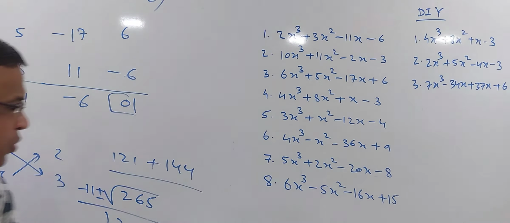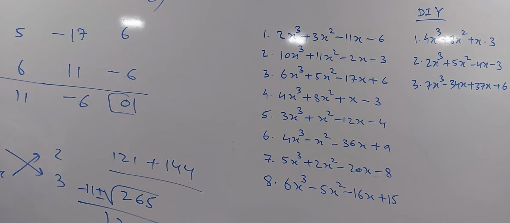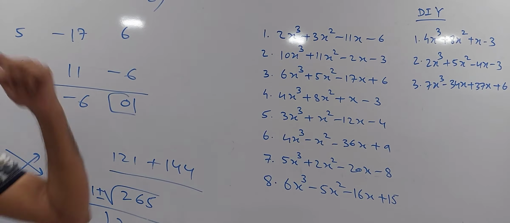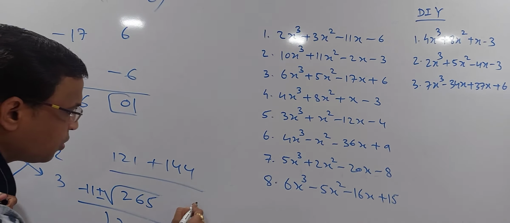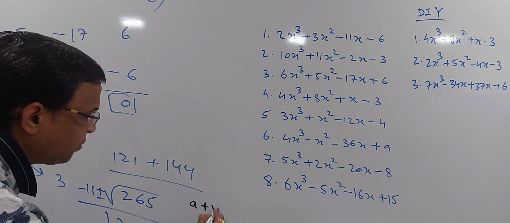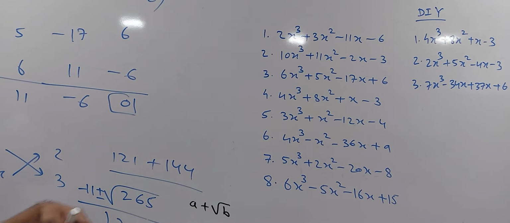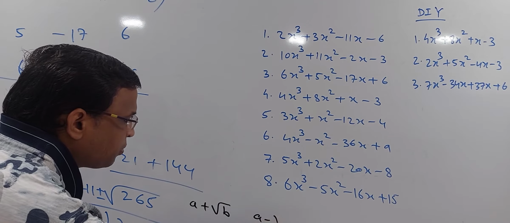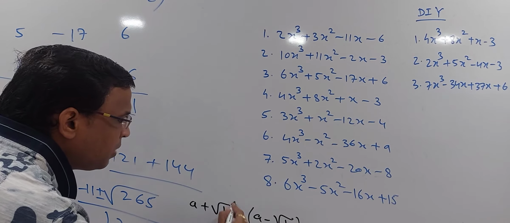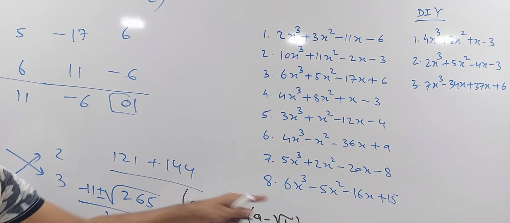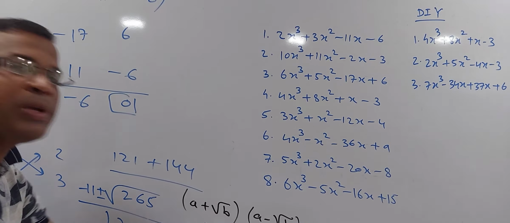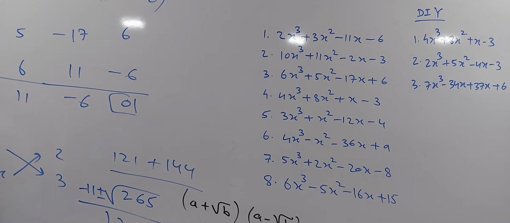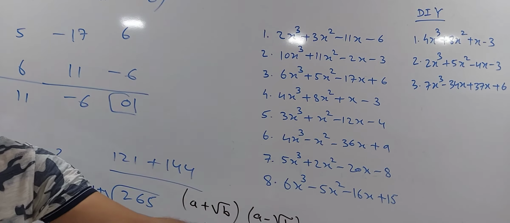So if you are getting an irrational root, irrational roots always come in pairs, like a plus root b is one of the roots, then another root will be a minus root b, because when the factors are multiplied, you can use the a square minus b square identity, which gives a square minus b, which makes it rational. That's why it is an even number deduction, it's 2.